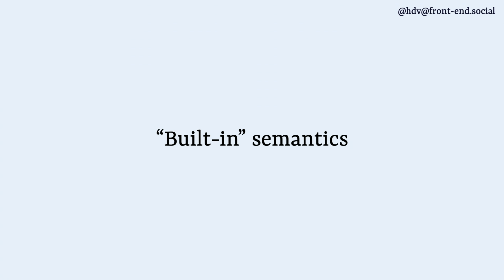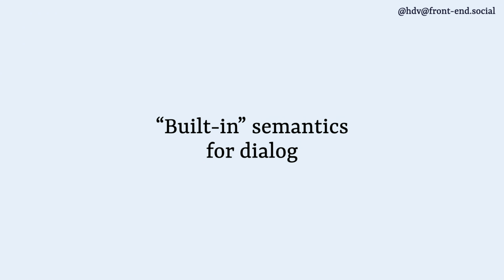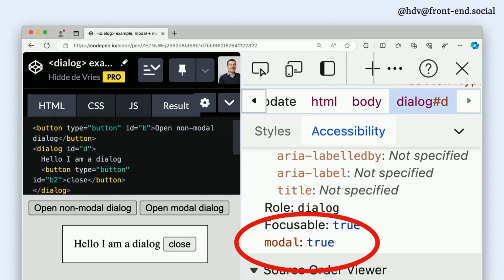Then apart from roles, there are other semantics as well that these elements can have, and some of them are built into the elements. With dialog, there are not that many. The only one I could find in browsers today is the modal state that is added by Chromium-based browsers on modal dialogs. So it will set modal for you even if you don't add it yourself.